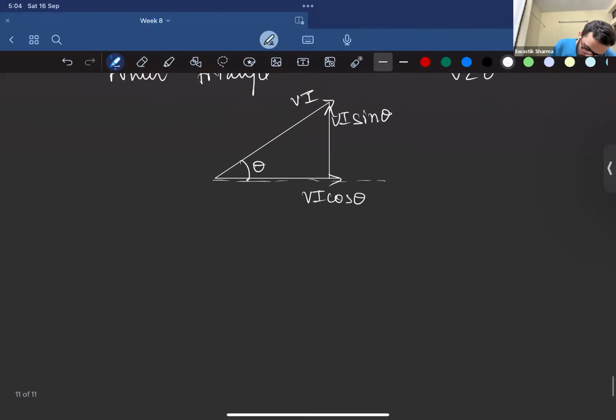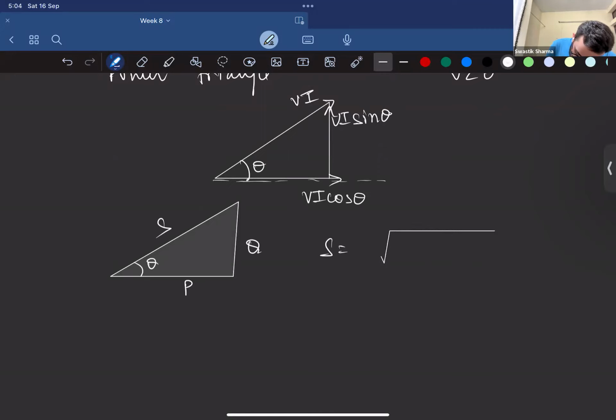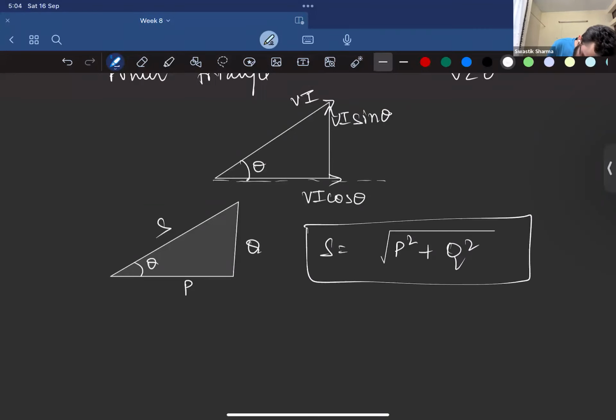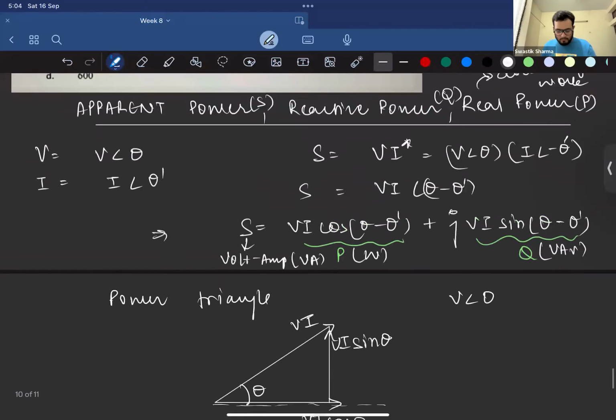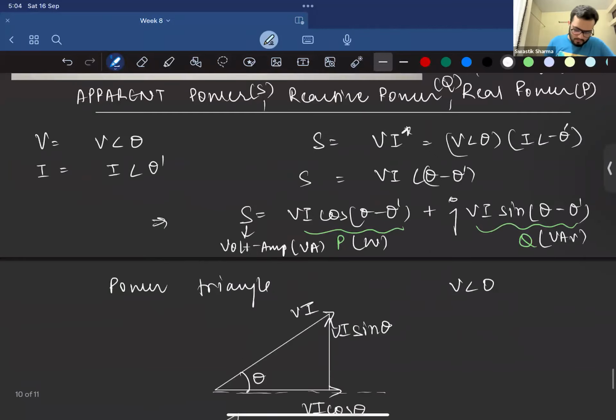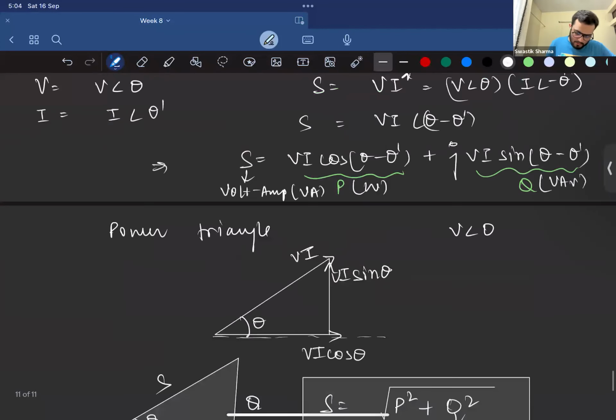So a power triangle is something like this: P, Q, and S. S can be represented in terms of P squared plus Q squared. These are some things that you should remember. Now let's come back to our question again.